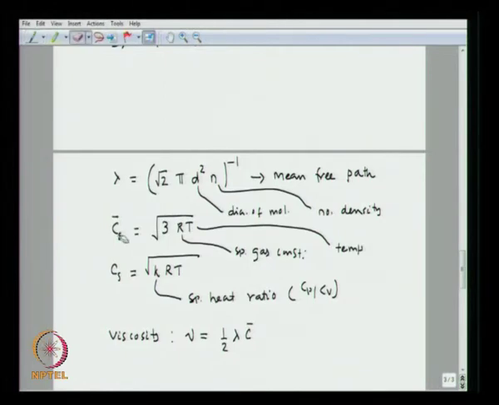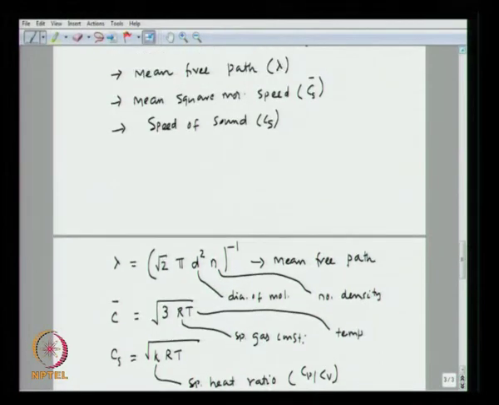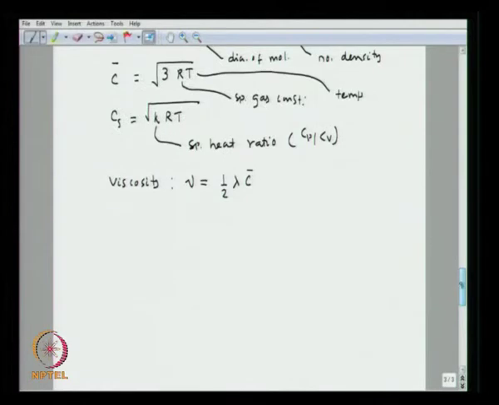So this is actually C bar, not Cs. This is denoted by C bar. So there is a correction here also. Using this expression, the viscosity can be related to temperature and pressure, as the mean free path lambda is a function of pressure, and C bar, the mean molecular velocity, is a function of temperature.